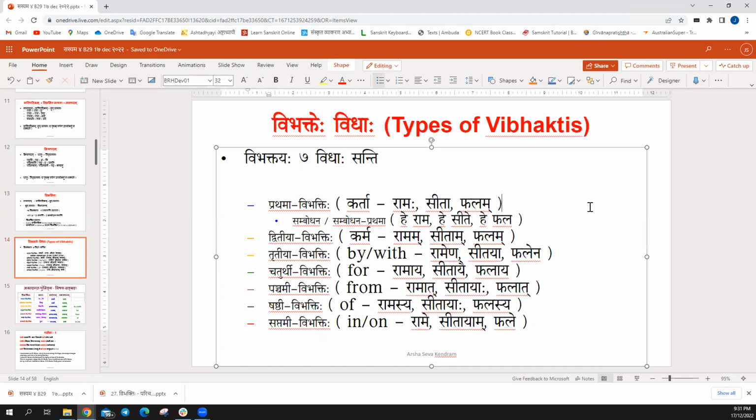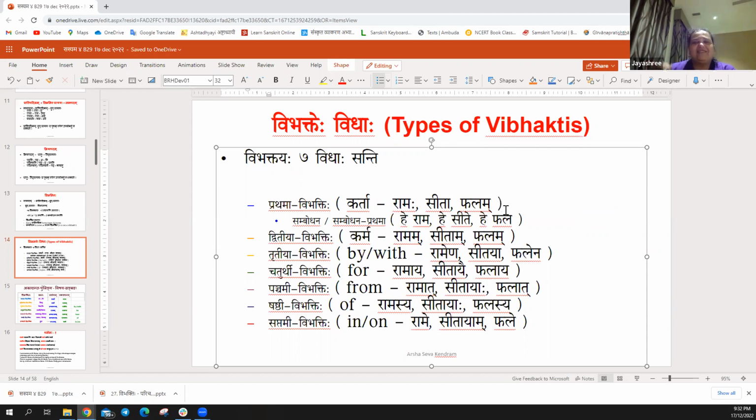Prathama Vibhakti, Karta: Ramaha, Sita, Phalam. Prathama Vibhakti is Karta, the one who does it. Ramaha, Sita, Phalam are good examples.